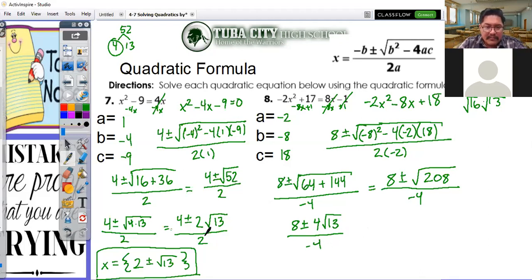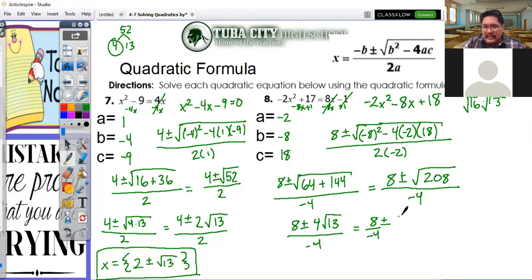Now we run into a similar thing to the last one. When this happens, try to divide it. Sometimes you can't divide it all the way, but try anyway. And if it helps, since I have room, I can do it this way too.